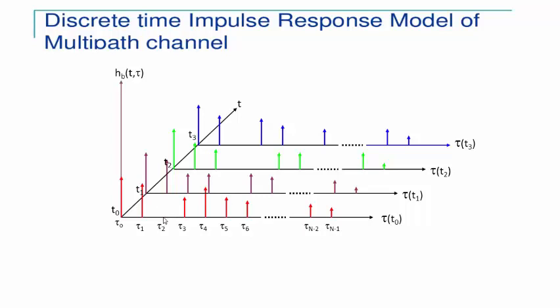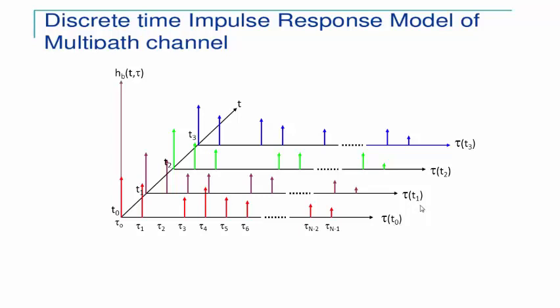At tau 1 we are getting this much of the impulse response. At that same time the excess delay value, that is tau 2, the impulse response is 0.